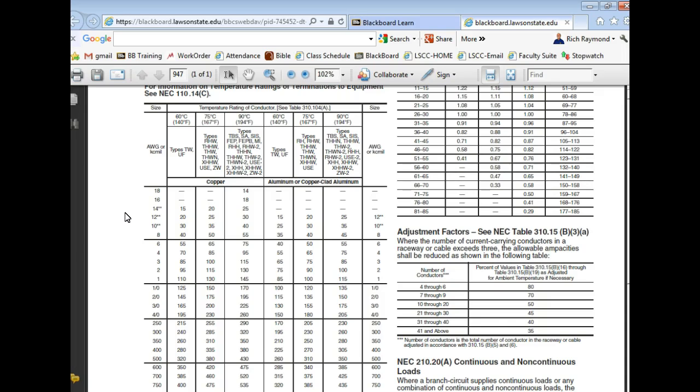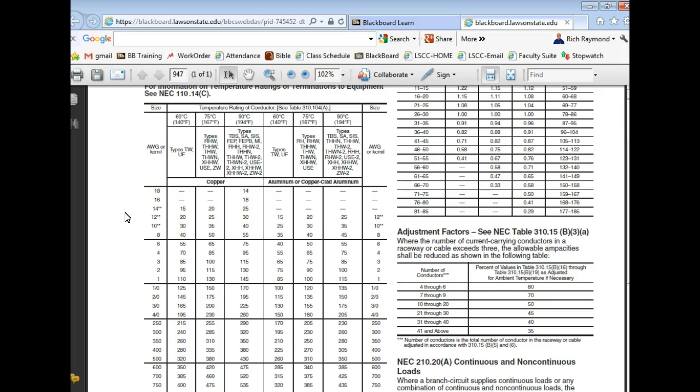Now, what changes the ampacity is what type of insulator you put around there. So if you've got a certain type of insulator that is allowed to run hotter, then of course you can get more ampacity, right? You understand. Of course, those insulators will probably cost more money. Does that make sense? Yes or no?